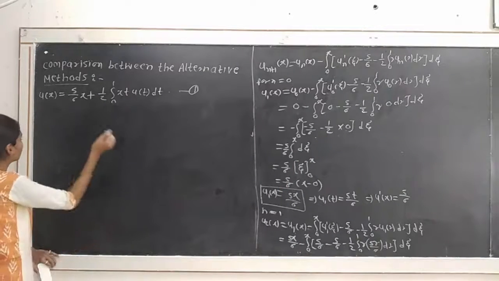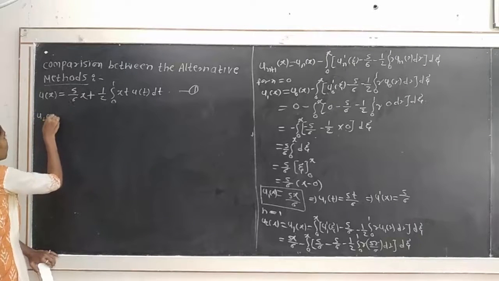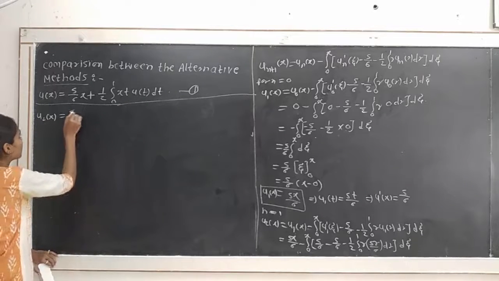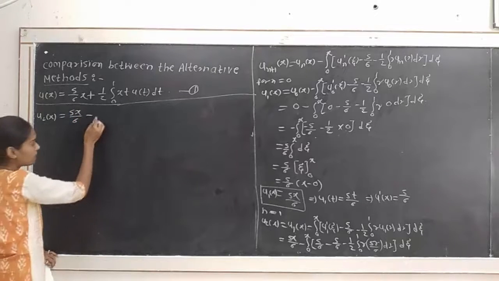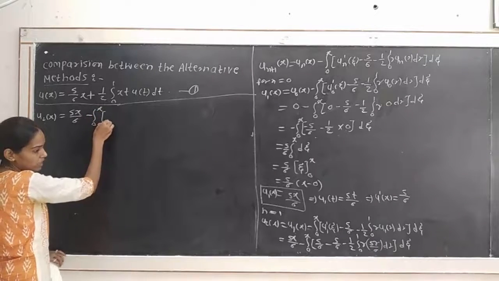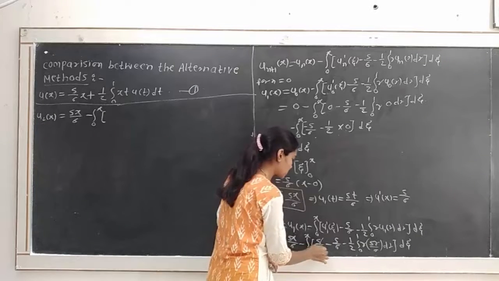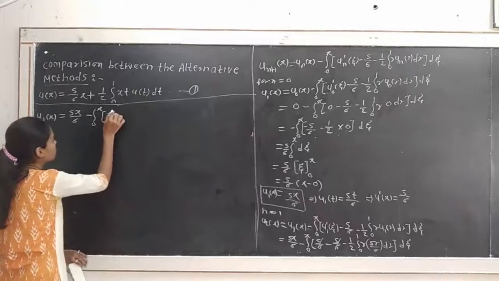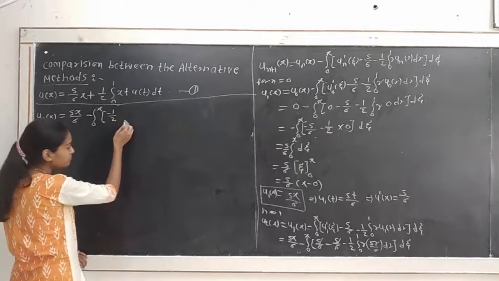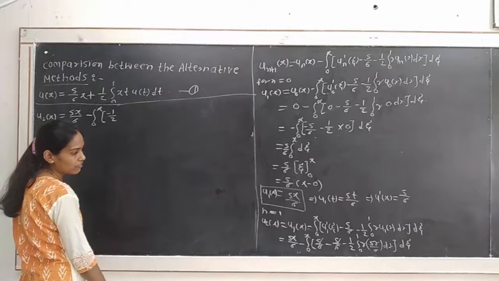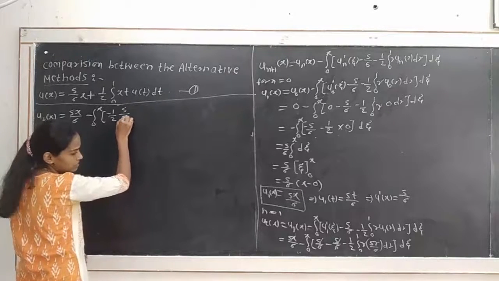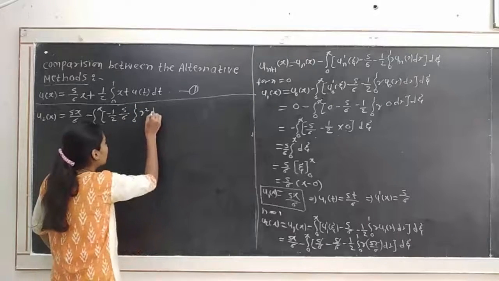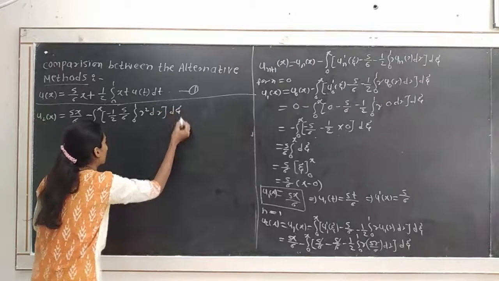By taking the integration we get u2 of x is equal to 5x divided by 6 minus integration from 0 to x in bracket. See here, 5 divided by 6 and this minus 5 divided by 6 get cancelled, so we have minus 1 divided by 2, and from this integral we can take 5 divided by 6 outside, so 5 divided by 6, then in integration 0 to 1, r into r becomes r square dr, into d psi.